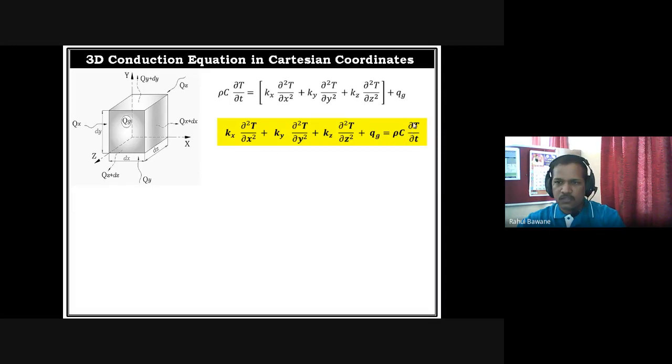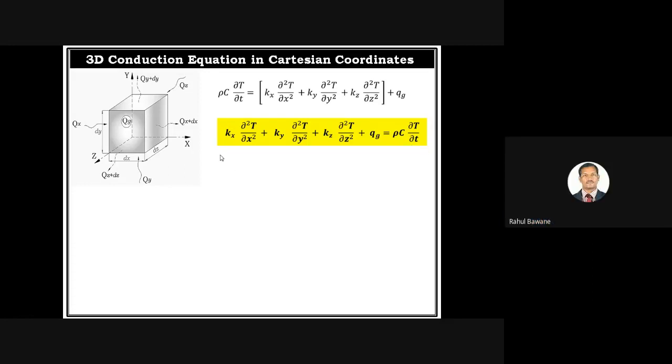So rho C del T by del of time. And when temperature does not change with respect to time, it is called steady state. And when it is steady state, this term becomes 0. But here it is not 0. So we can say this is the three-dimensional heat conduction equation under unsteady state condition.